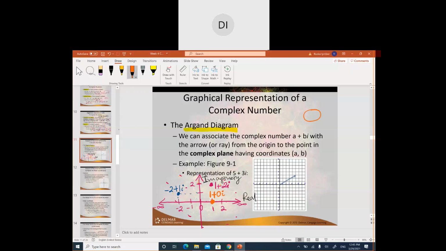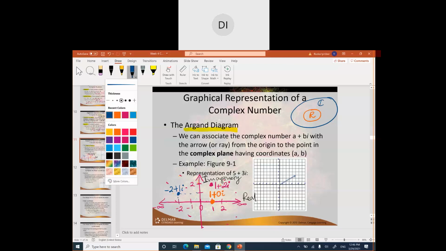They're also called imaginary numbers, but I'm going to use complex. This is the symbol for complex numbers, and this is the symbol for real, with a double line for the R. So the set of real numbers is included in the set of the complex numbers.